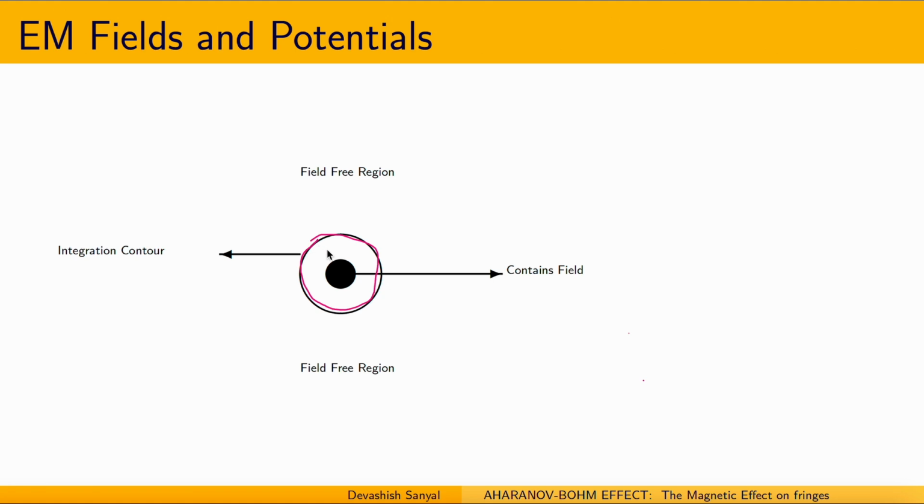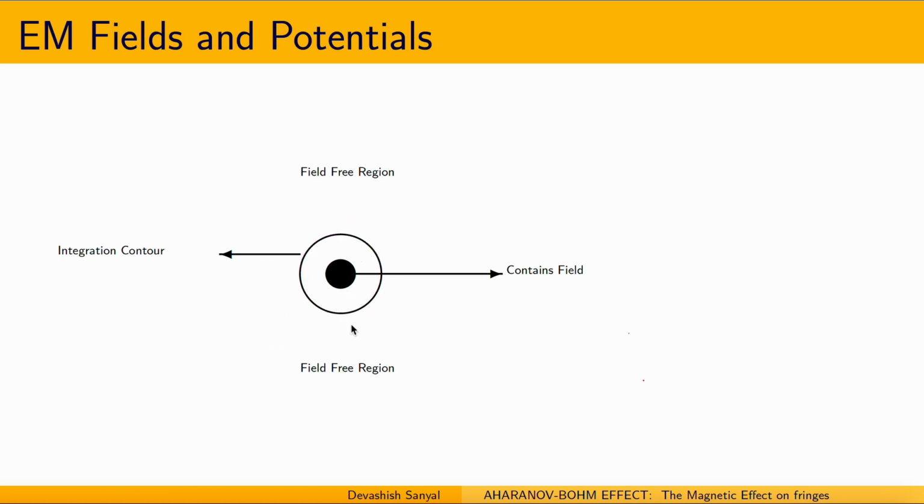Your A dot dr will be along this loop, the contour for integration. So A dot dr is equal to the flux. We have magnetic field here, so the flux is non-zero, so A has to be non-zero. Whatever the value of A is, it cannot be 0 everywhere. That proves that B is 0 everywhere in this field free region, but A is not 0. B is non-zero only in this small portion.